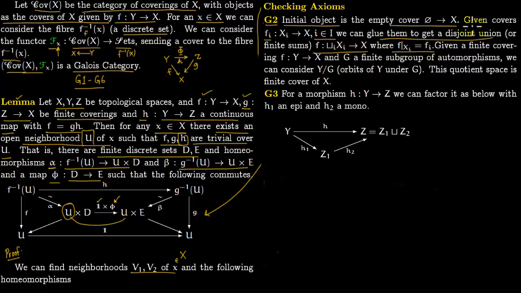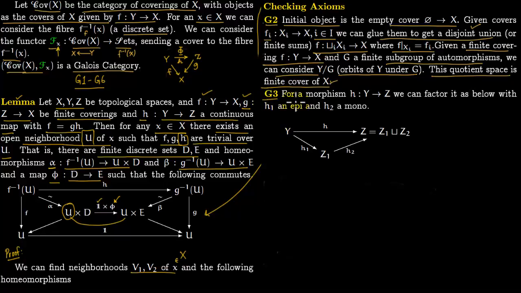So you can construct disjoint union, and you can also form the standard quotient space. So given a finite covering like this, and say G is a group of automorphisms of y, you can just quotient this out considering orbits of y under G, and this quotient space becomes a finite cover of X. So just a standard quotienting out.